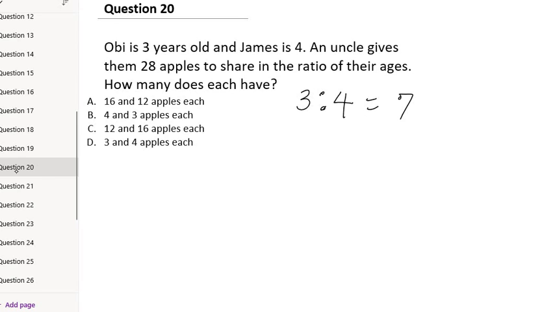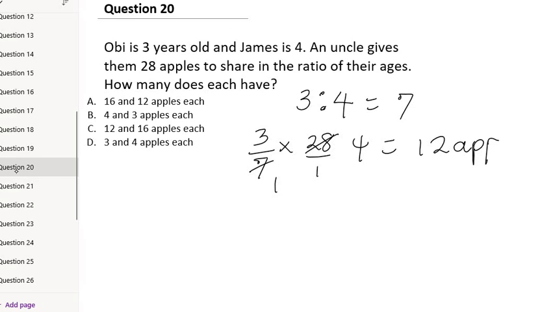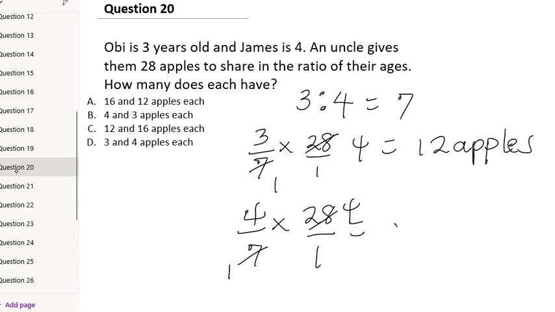Obi's share will be 3 out of the sum of ratio 7 times the number of apples, 28 over 1. 7 into 7 is 1, 7 into 28 is 4. 3 times 4, 12 apples for Obi. James, which is 4, will be 4 over the sum of ratio 7 times the amount of apples, 28 over 1. 7 into 7 is 1, 7 into 28 is 4, 4 times 4, 16 apples. I'm sure you've seen the answer. So 12, 16, the right option is C.